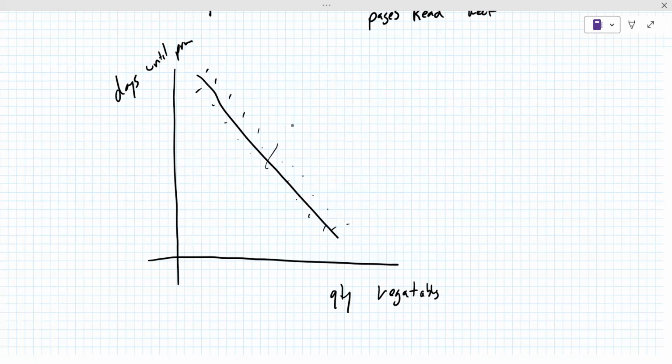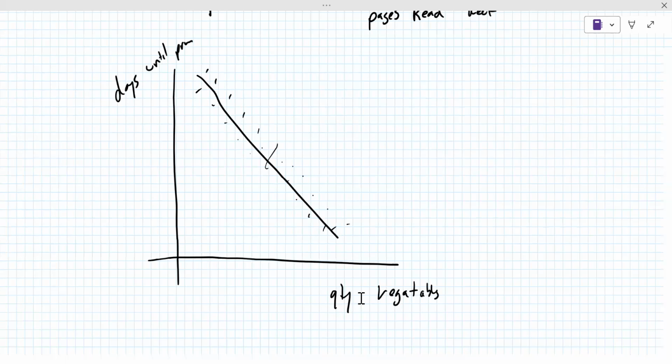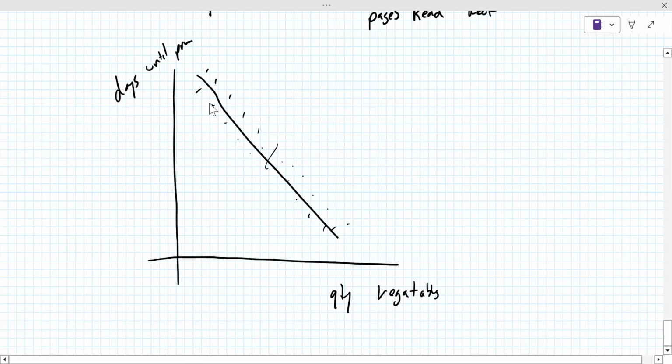Mm-hmm. Now, why would there be causation? Why would the days until prom maybe affect the quantity of vegetables that a person would eat? Because they want to eat healthier, to look better. So sometimes correlation can mean causation.